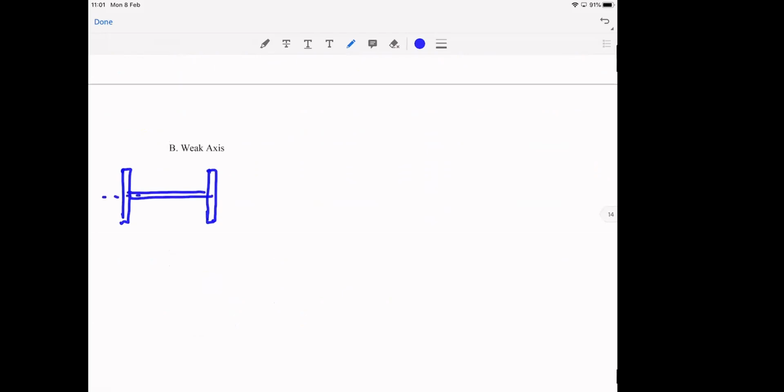But this axis is this one, right? Hope it makes it easier. And again, Iy. I'm not going to include the web because it's so thin. So my Iy is basically just the two flanges. The B becomes a thickness, right?